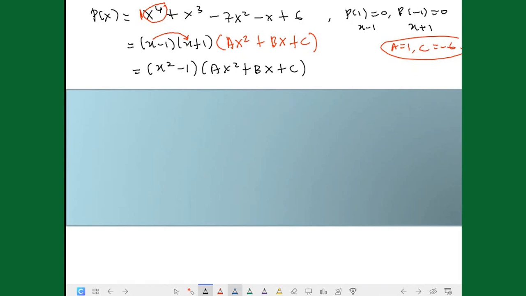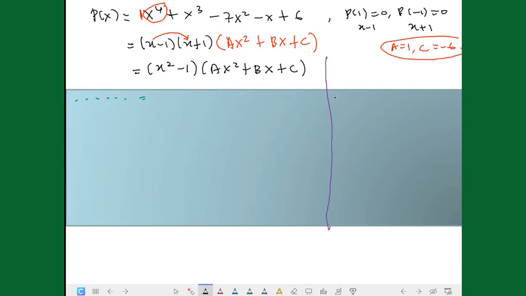Tadi saya show yang first step tu, P(x) tulis kat sini, expand, and then compare coefficient left right. Let's say saya nak cara lain pula. Sama juga. So now sini saya tak nak expand. Siapa yang suka expand tengok the example 6 tadi. Saya nak cara ini.